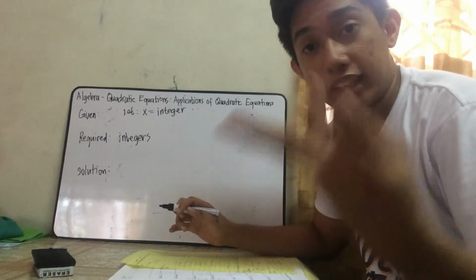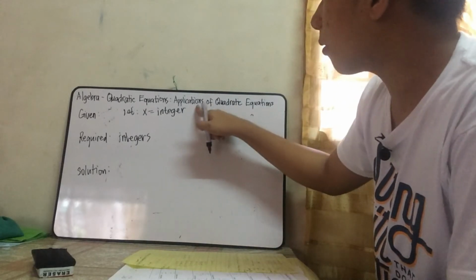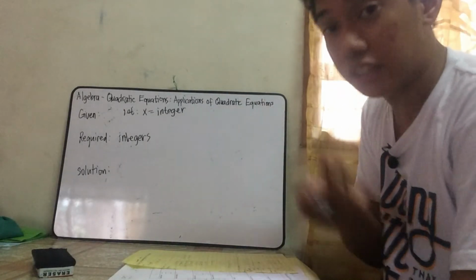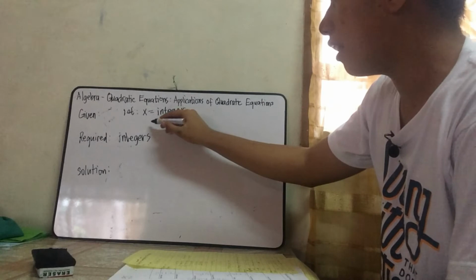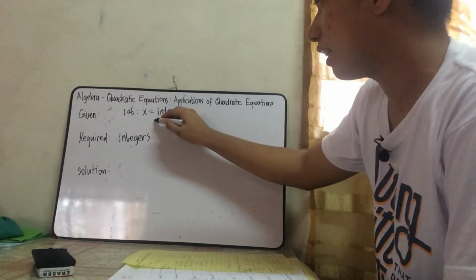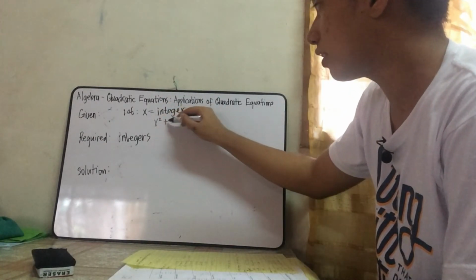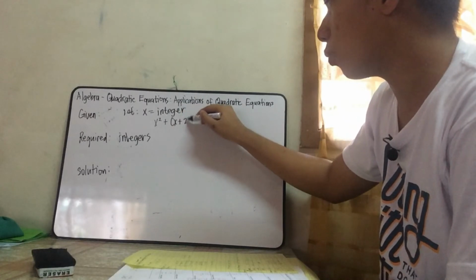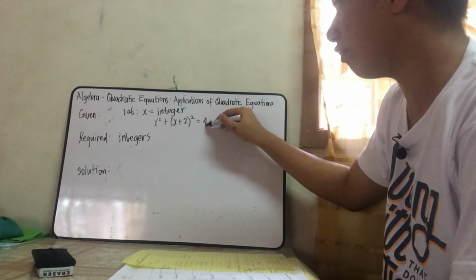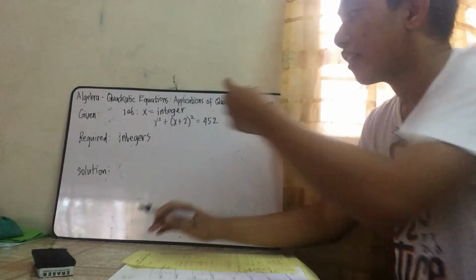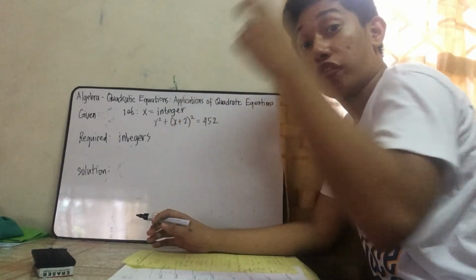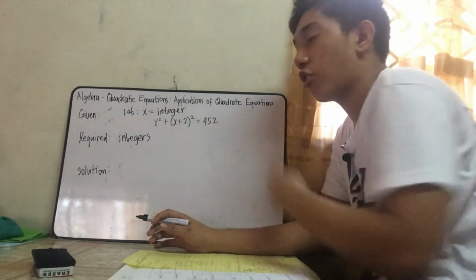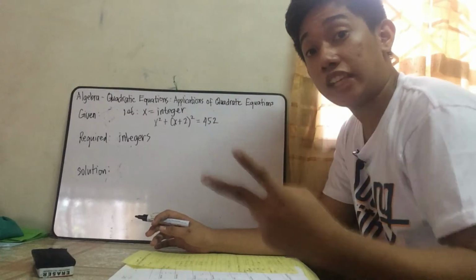So what do you expect here? Since it is a consecutive even integer, I will put in the given that x squared plus quantity x plus 2 squared is equal to 452. Bakit? Kasi the sum of the squares, may squares, of two consecutive even integers.